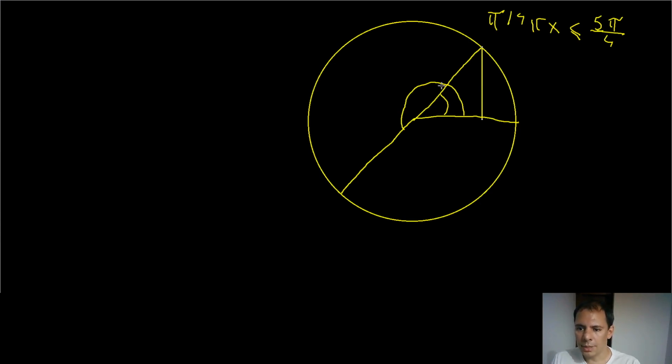So you can see that at 45 degrees, this distance and this distance are going to be the same. I know it doesn't look equal, but it's equal, trust me. Now from here all the way to here, what is going to be the higher distance? It's going to be sine.